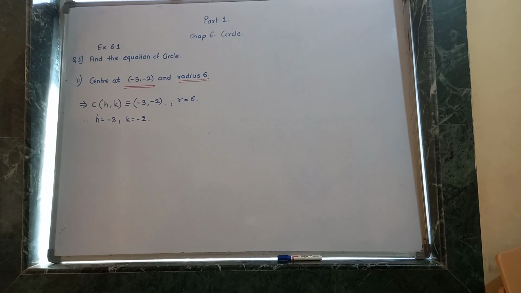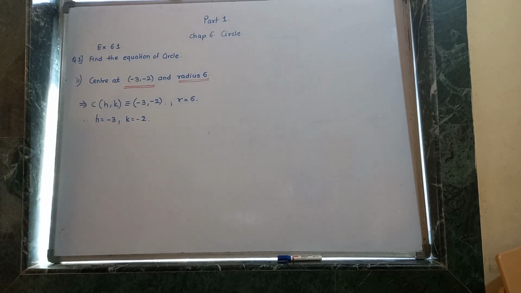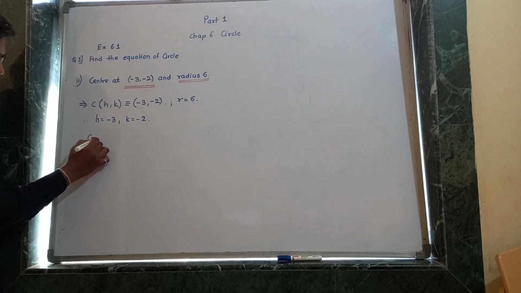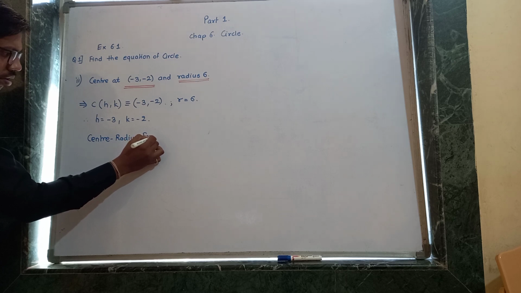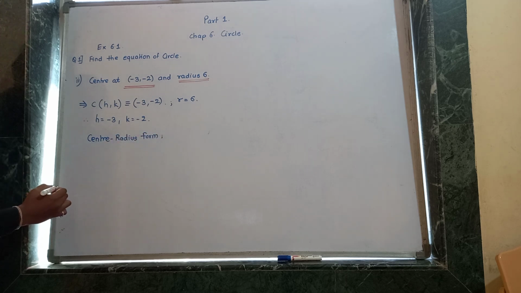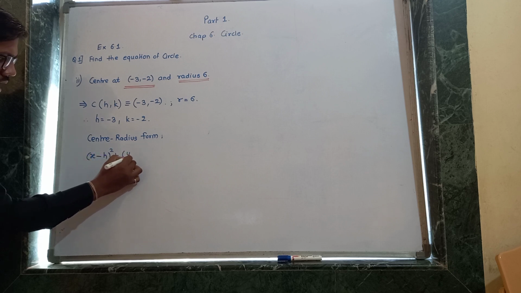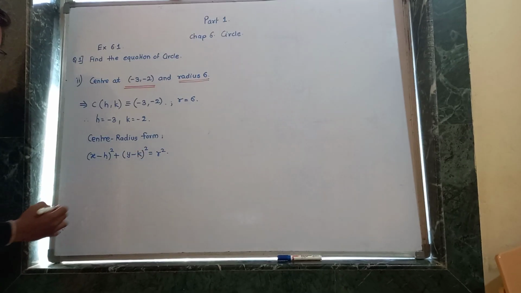So what? As we can see, what is the form? The center radius form. I will write that center radius form. Center radius form of the circle is (x - h)² + (y - k)² = r².